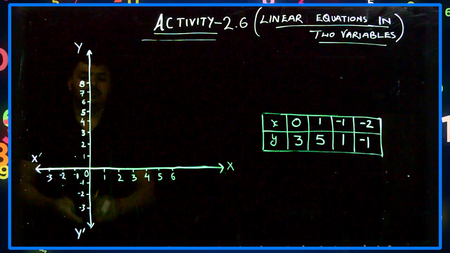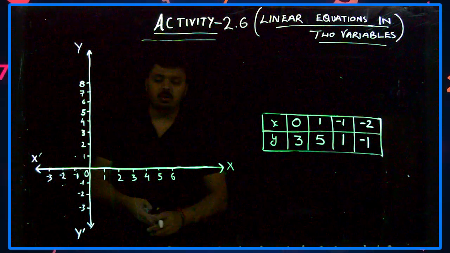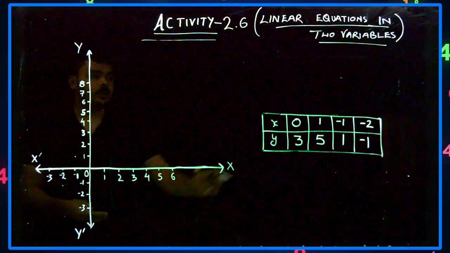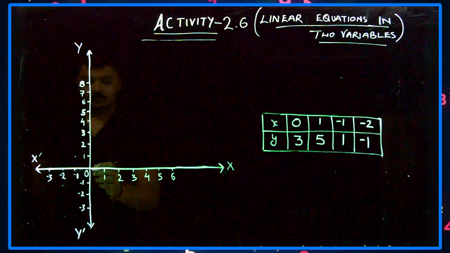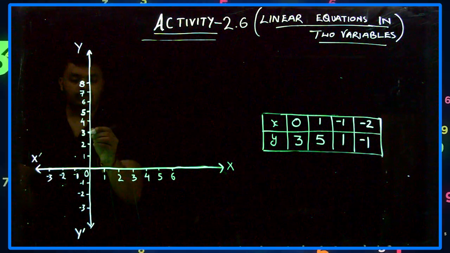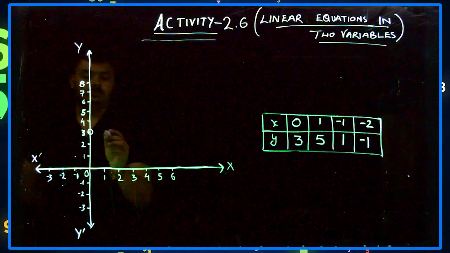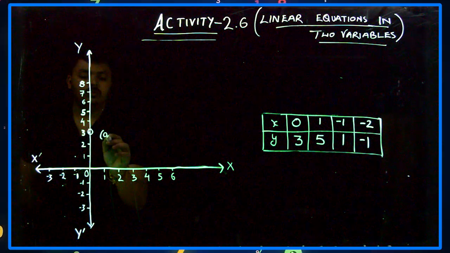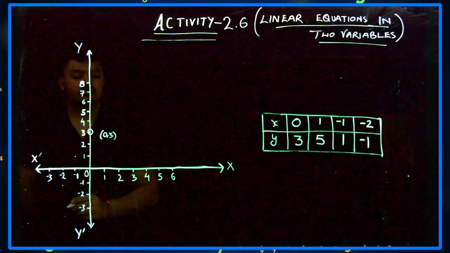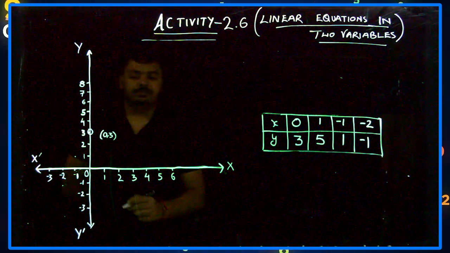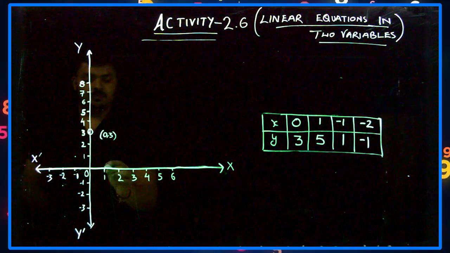So now students will plot these points of xy over a graph paper. The first point is 0, 3. So this is our first point. Our second point is 1, 5.